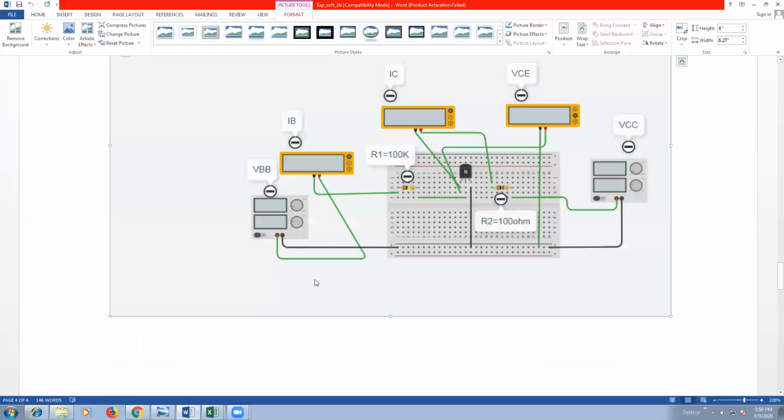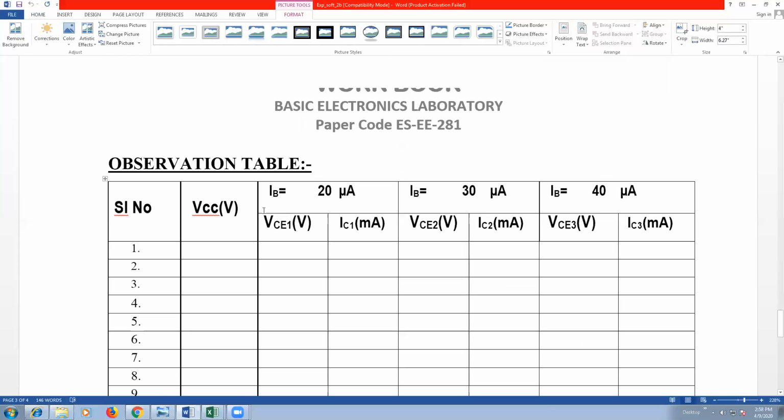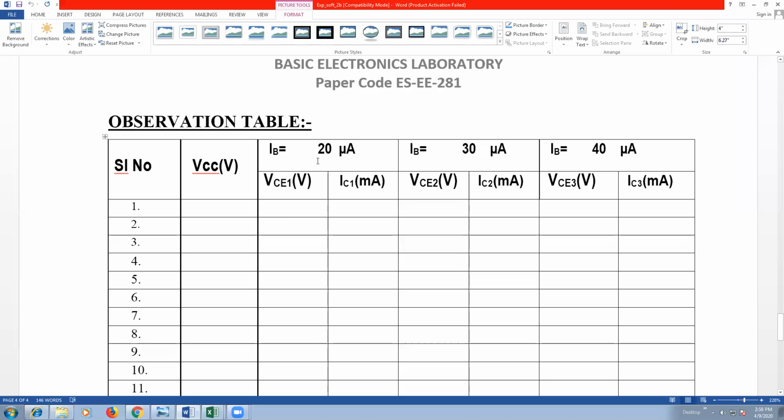By varying VBB, we have to keep IB at 20 microampere. If it is not exactly 20 microampere, it may be 20.2 or 19.6 or like that. If it is near about 20 microampere, then it is acceptable.